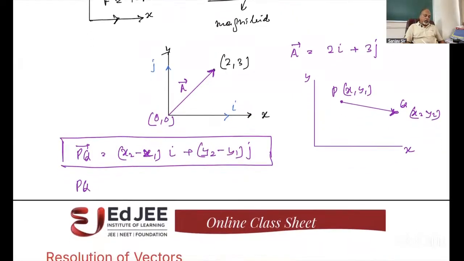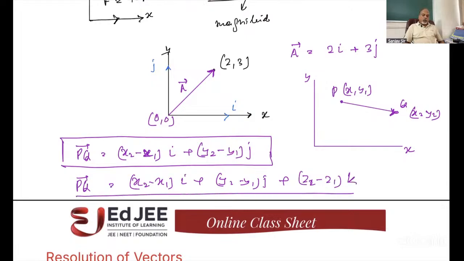Suppose PQ is a three-dimensional vector, then x2 minus x1 I plus y2 minus y1 J plus z2 minus z1 K. So this is how you can write down any vector if you are given the coordinates. Correct? I hope you must have understood today. Correct?